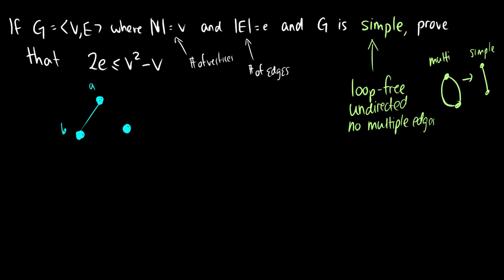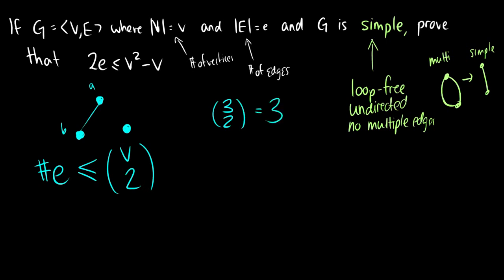Well, that's just v choose 2. Just choose 2 vertices. So the number of edges has to be less than or equal to v choose 2. Because, for instance, 3 choose 2. How much is 3 choose 2?